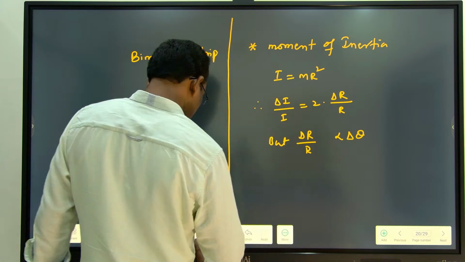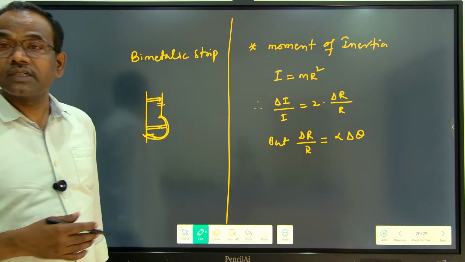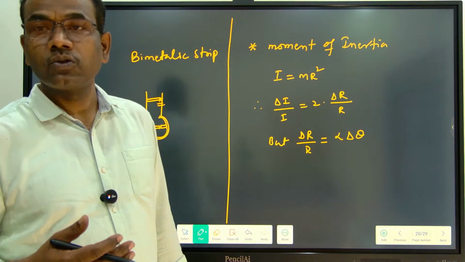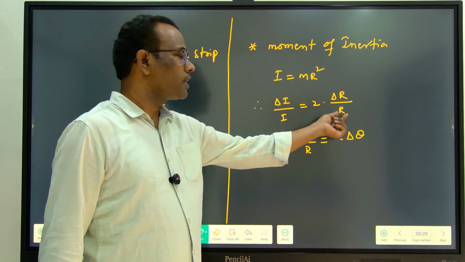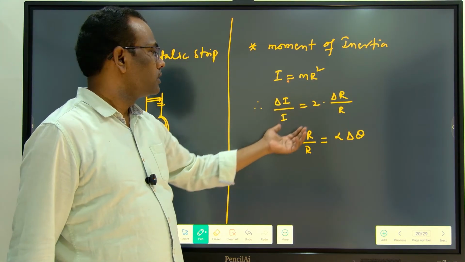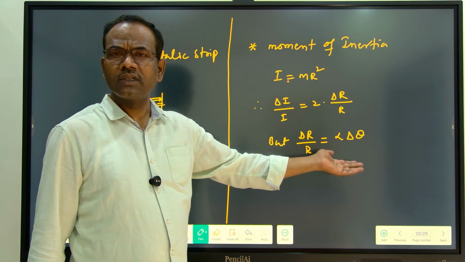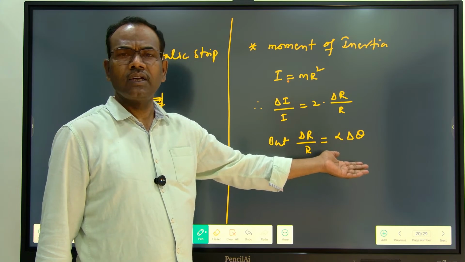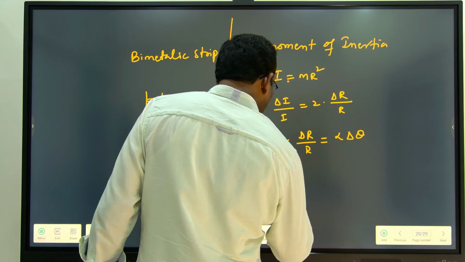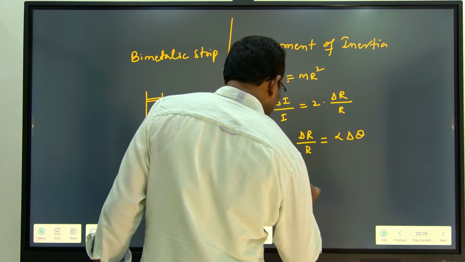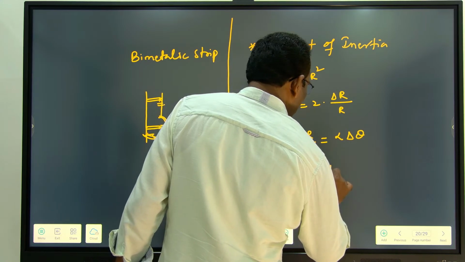This is fine. The change happens, so that's why you can use delta I by I equal to 2 into delta r by r as per this formula. Now substitute delta r by r equal to alpha into delta theta, because the change in temperature is taken as delta theta. So delta I by I equal to 2 alpha into delta theta.